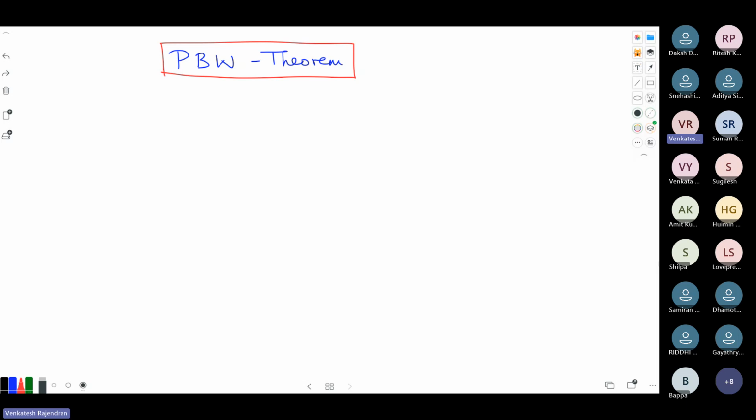Maybe I will outline Humphreys' proof, since those ideas will be used later in representation theory. Let me first begin by stating the PBW theorem, and then we will move on.